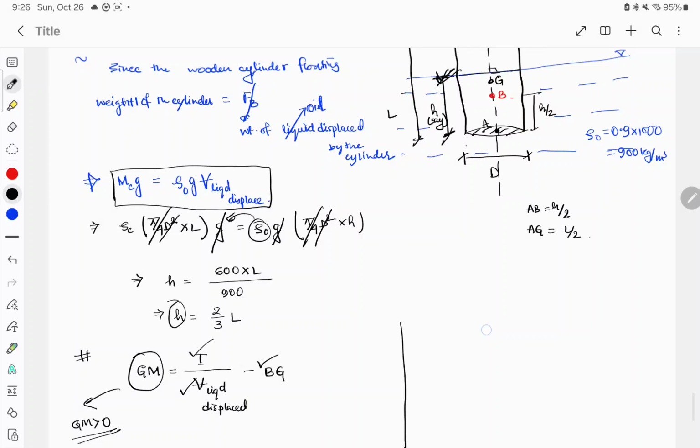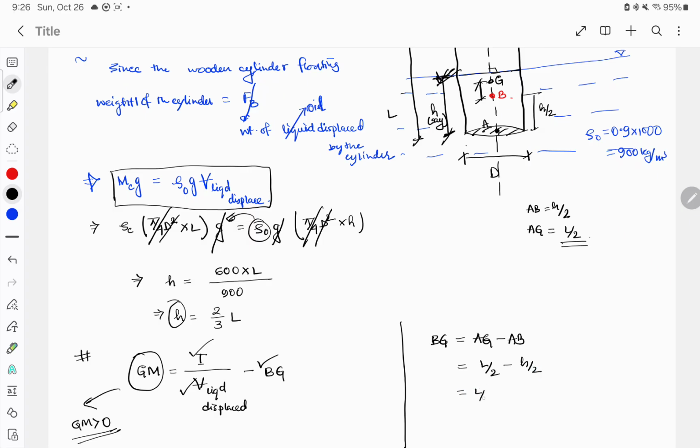So for BG, can I say the distance is AG minus AB? And AG is L by 2. AB is H by 2.